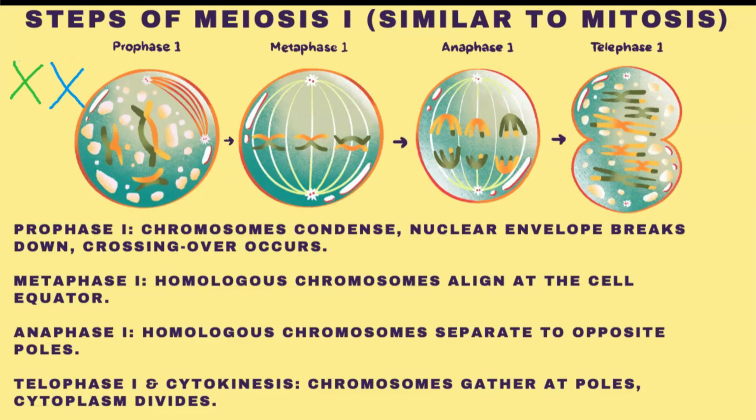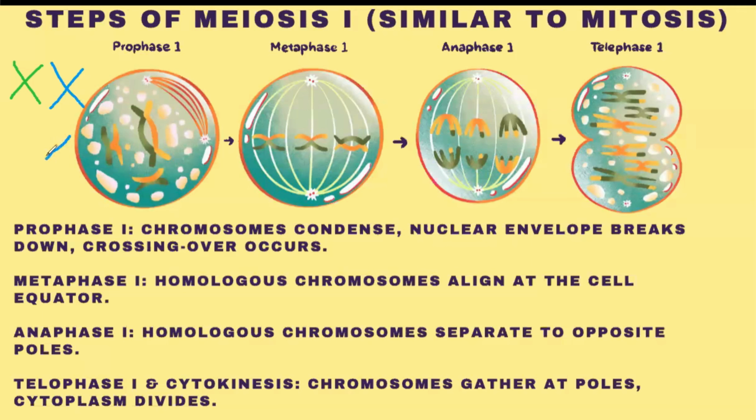So in this cell, we have one from each parent. But in that first step of prophase, which is the part that's unique to meiosis, this does not occur in mitosis, you have the chromosomes, and they will start flipping apart.